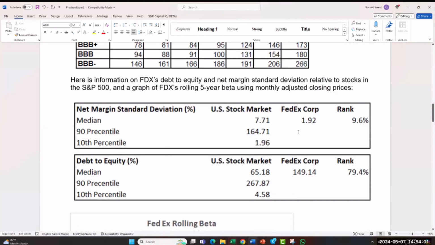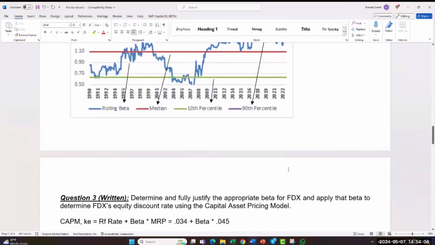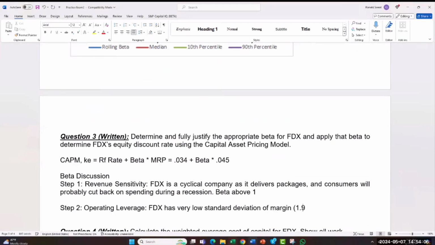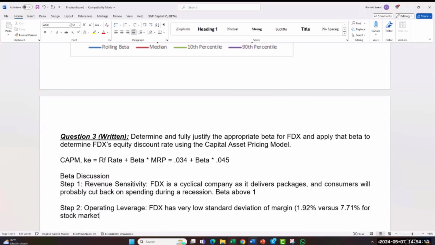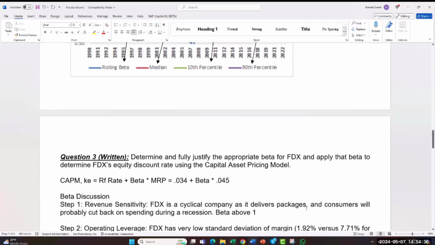So you might say, it's 1.92 versus 7.71, implying low operating leverage, lower fixed cost, and thus reducing beta assumption closer to 1. All right, something like that.